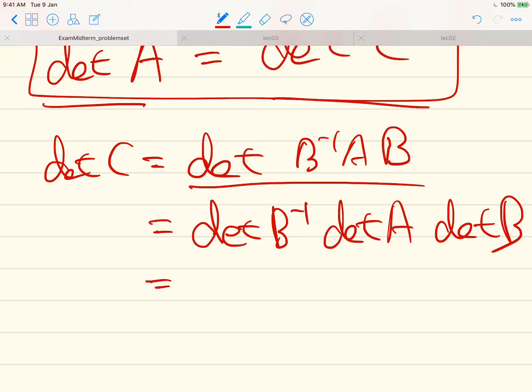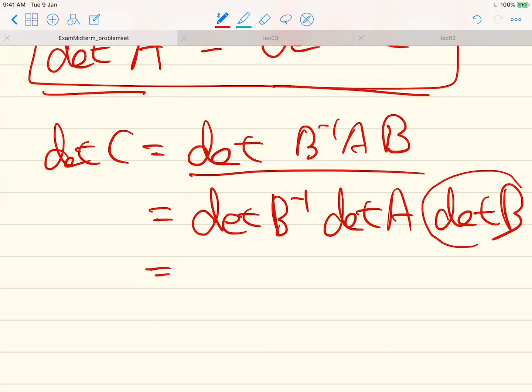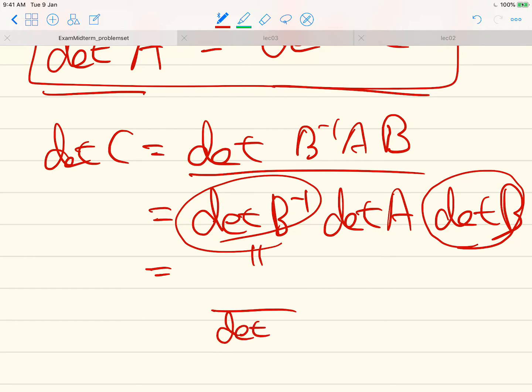And also we know that the determinant of B inverse is 1 over the determinant of B, right? So these two are cancelled out, and thus the determinant of A is the same as the determinant of C. Okay, so this is called the similarity transformation.